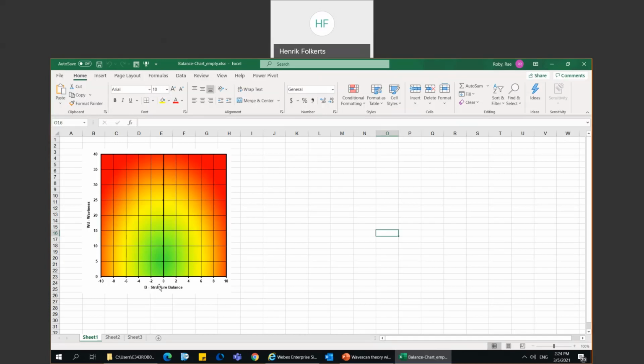Okay, so this is the balance structure. If I'm at 0, technically I'm perfectly balanced. If I'm on the left side, then I have more long wave. If I'm on the right side, I have more short wave. So technically you want to be 0, but we also did some work with some different OEMs where people kind of prefer the balance to be a little bit more on the long wave side and less on the short wave.